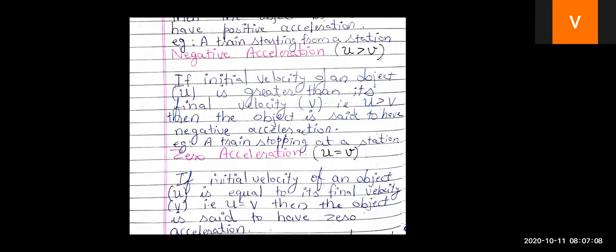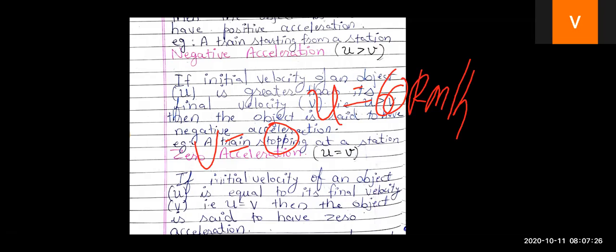When the train reaches the station, it's going to stop there. So here the final velocity is 0, and the initial velocity, suppose, was 60 kilometers per hour. As the station came, the driver applied brakes and the final velocity became 0.